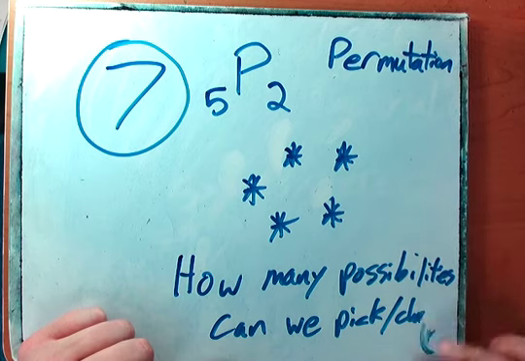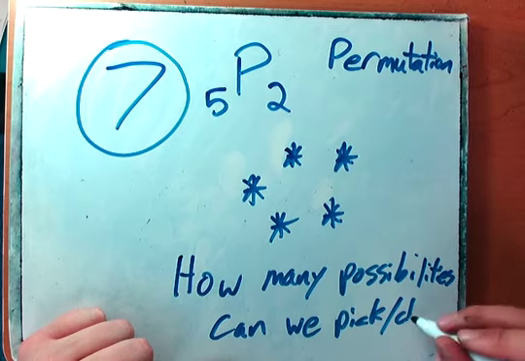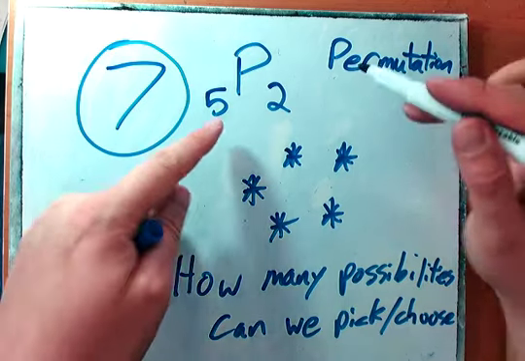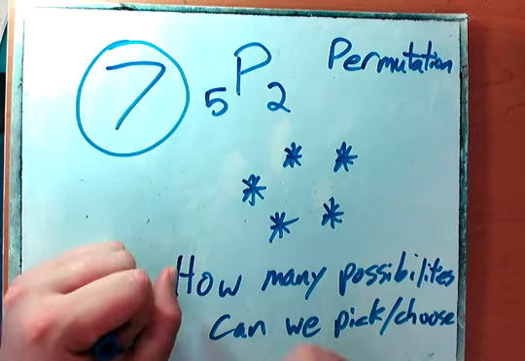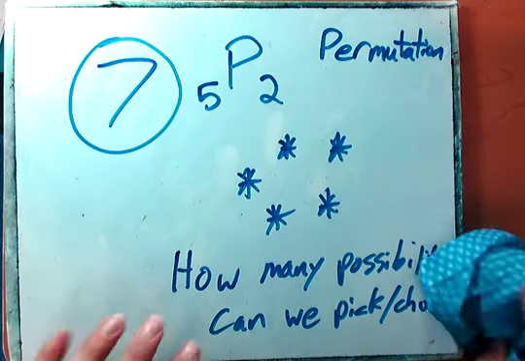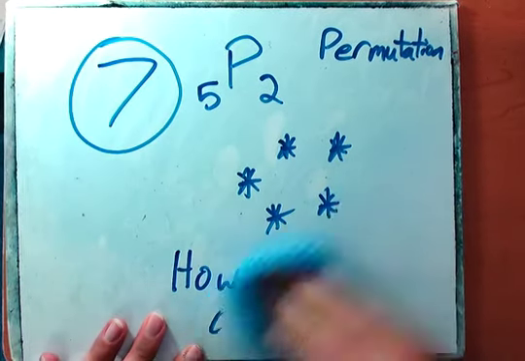How many possibilities can we pick or choose from here? And they're different in that there's a different formula that you need to remember for both.